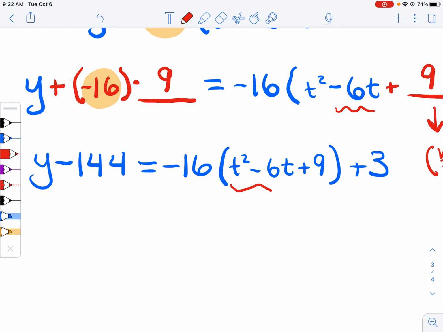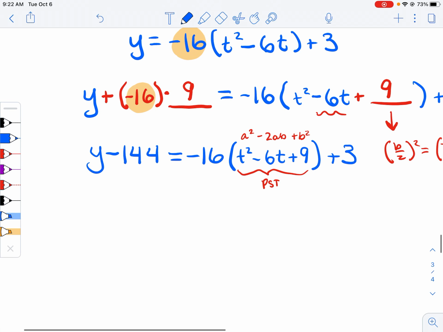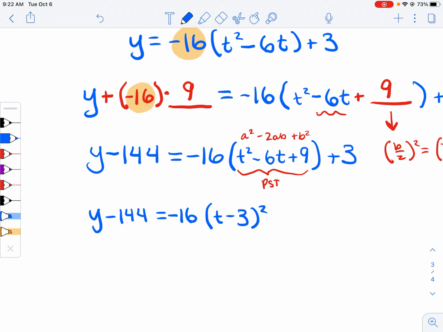So now this right here is our perfect square trinomial. It's in the form a squared minus 2ab plus b squared, where my a is t and my b is 3. So I have y minus 144 equals negative 16 times, and then this will be t minus 3 squared plus 3.